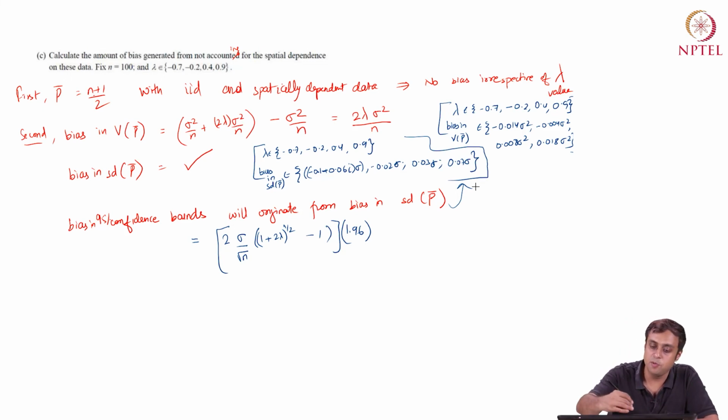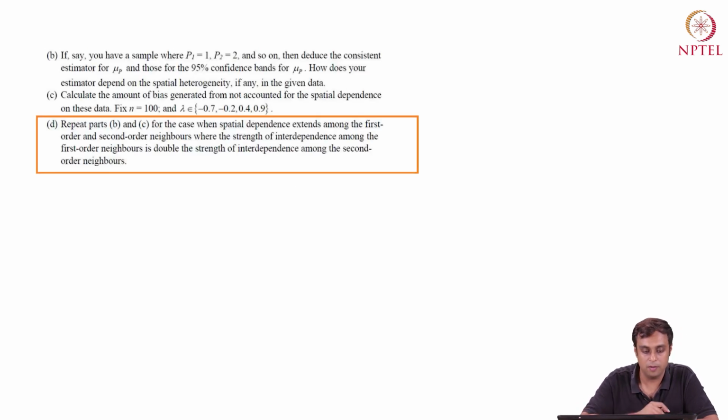Let's move forward to this circular city example, and we finally have this query where we are saying, what if we were to extend this first order spatial dependent structure to a second order spatial dependent structure.